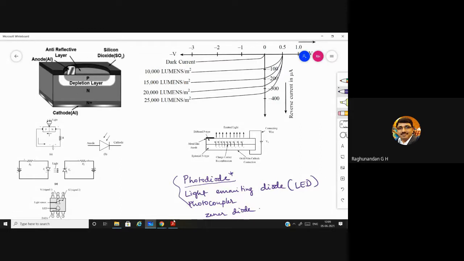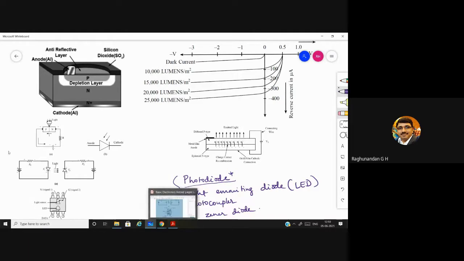That is, in general, light is converted into current. This process is done by a diode called the photodiode. Before going to the working of the photodiode, let us understand its construction.